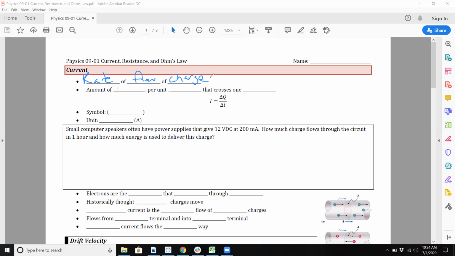So we kind of talked about that in the Google form. Or it's the amount of charge per unit time that crosses one point.